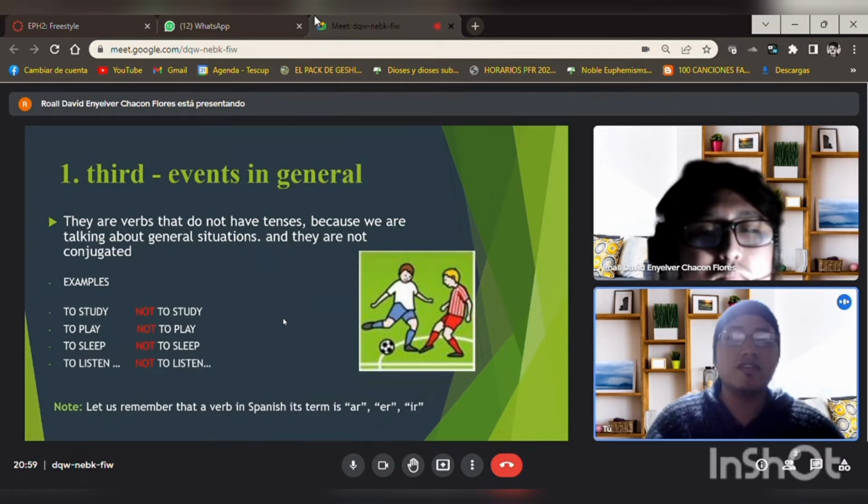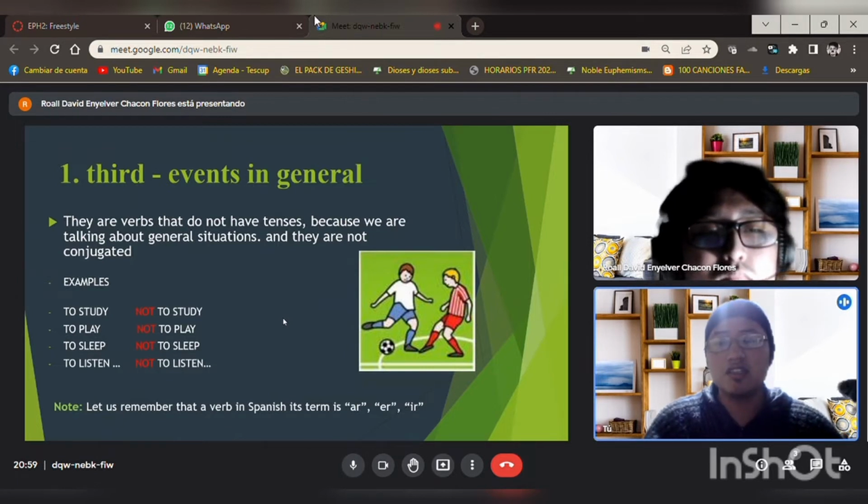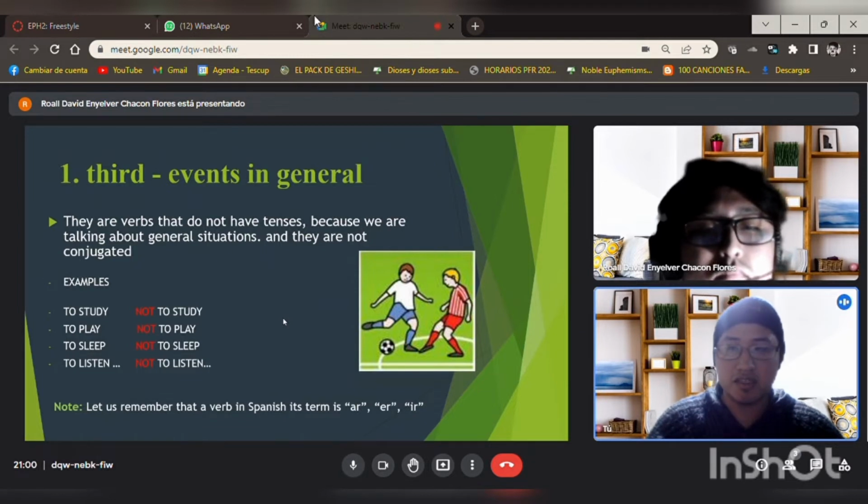They are verbs that do not have tenses, because we are talking about general situations and they are not conjugated. For example: to study, to play, to sleep, to listen, or negative: not to study, not to play, not to sleep, not to listen.